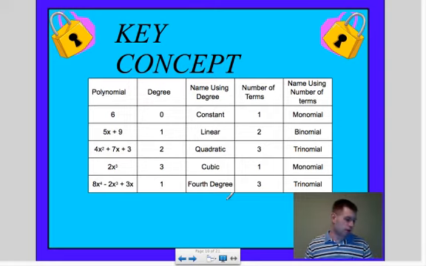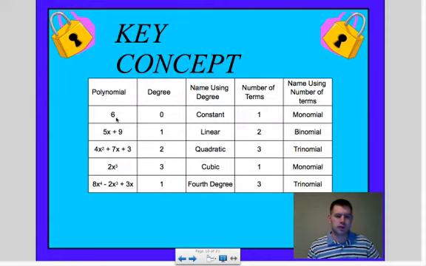This table, I'm pulling from page 475. It's also in the notes that I provided you with. Basically it's giving us a framework of how we name things. The first things we have are polynomials. Even though this is a monomial, it still classifies as a polynomial. We're going to name them by degrees.